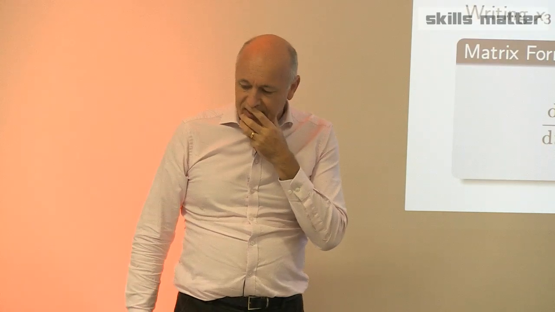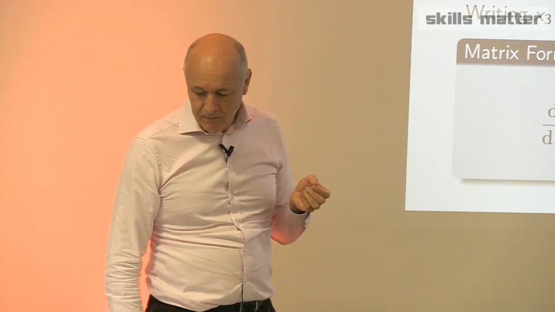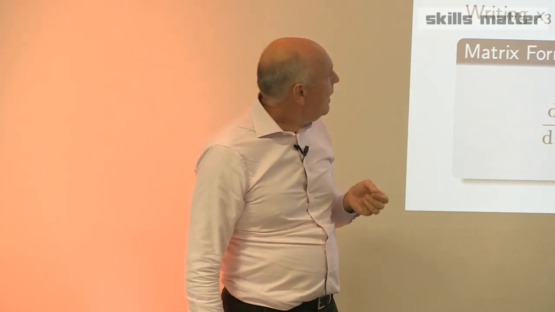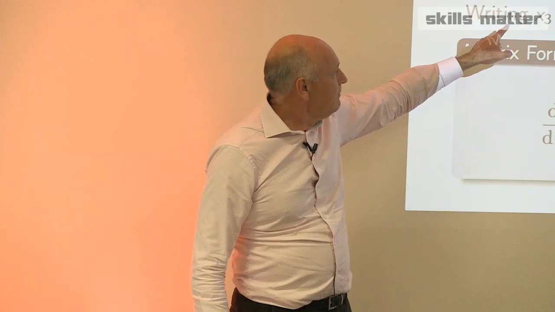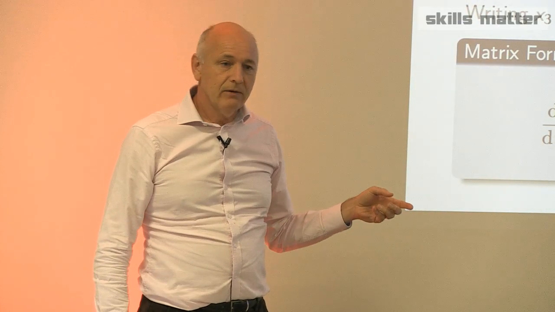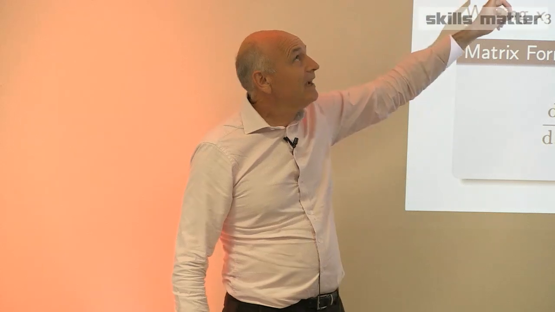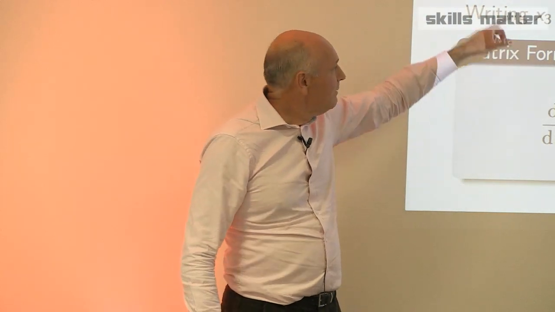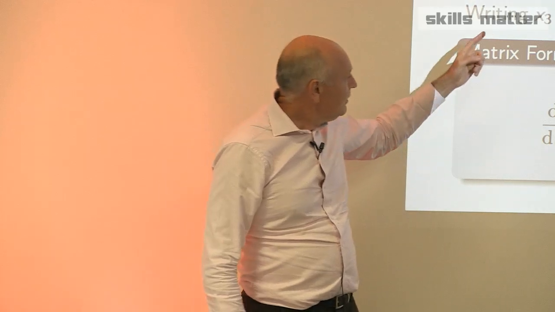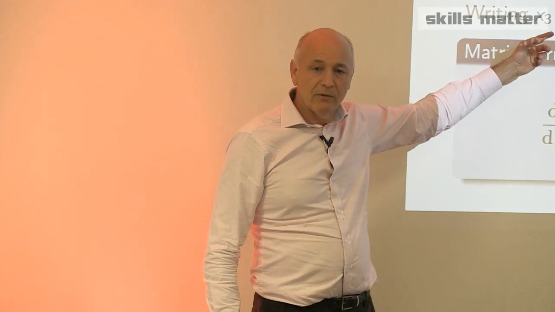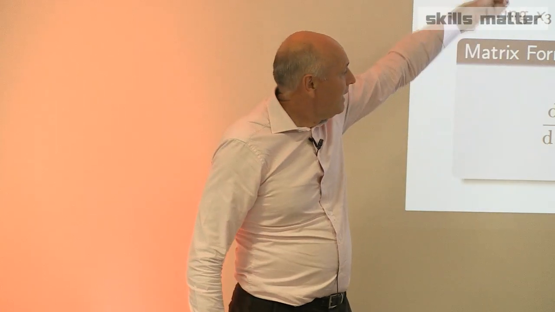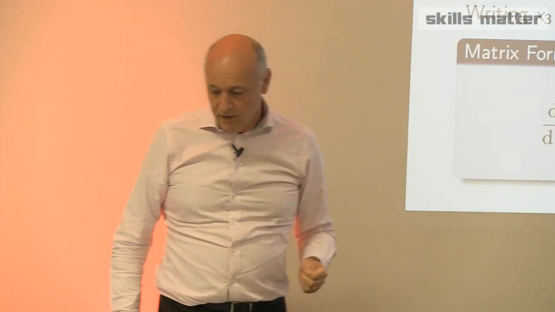So if we rewrite this as a matrix equation, we want to get rid of the fact we've got second order differential equations here. We want to rewrite it as a set of first order differential equations. So what we do is we just create some new variables, x3 and x4, and then we can write down that pair of equations as this matrix equation.